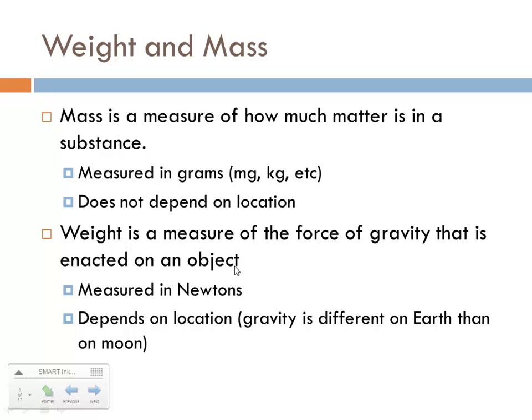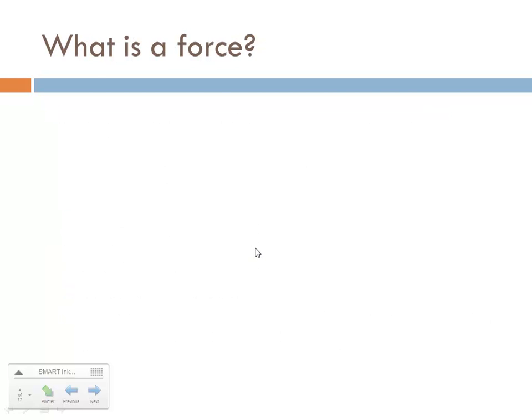At the poles, because the Earth is kind of flat at the poles, it pulls a little bit more. And it's not a tremendous amount. I think the acceleration, if I remember correctly, goes from 9.81 to 9.89 or something like that. But it's a measurable amount more. So that's just a little bit of background of weight and mass.